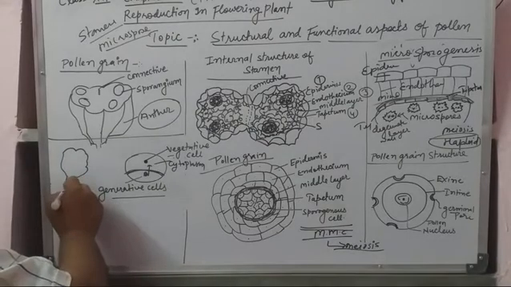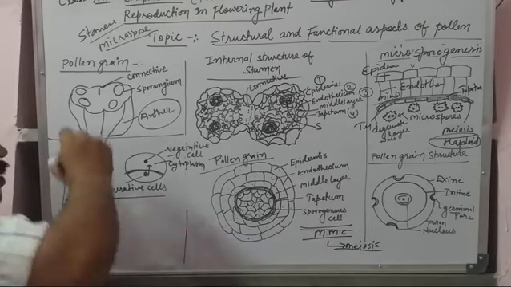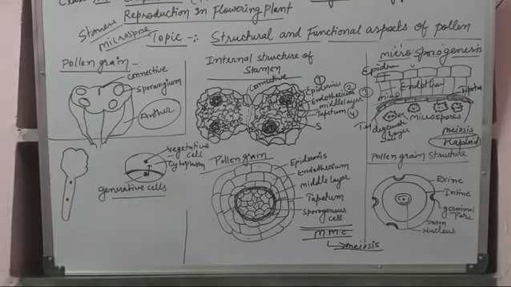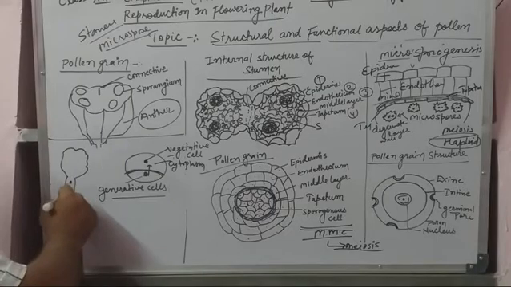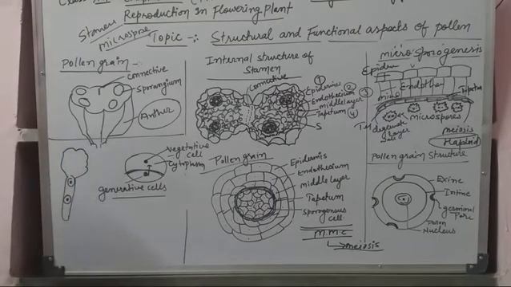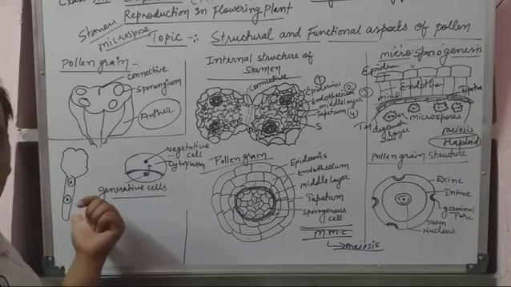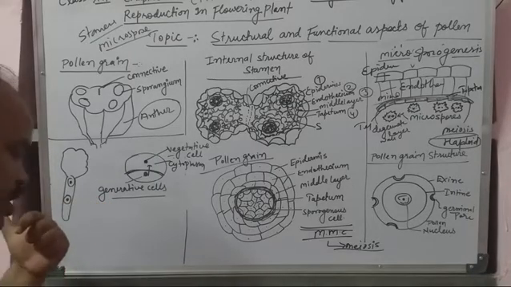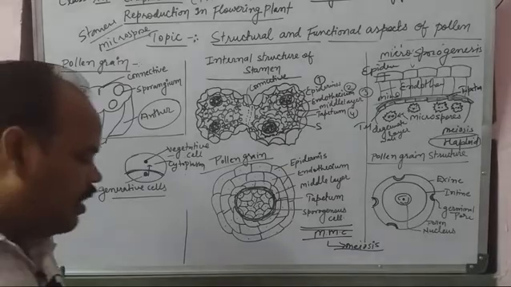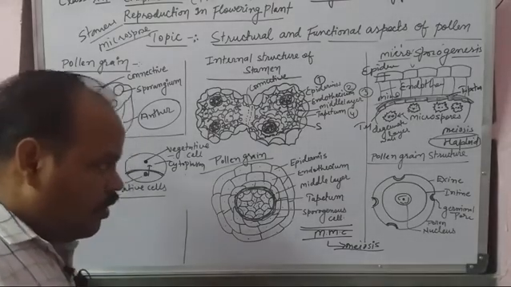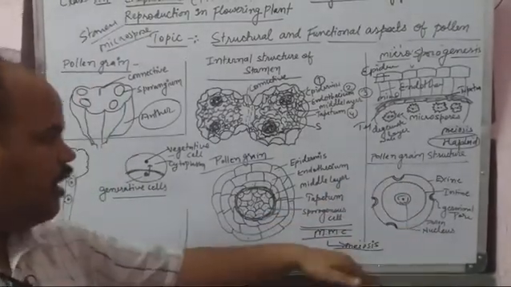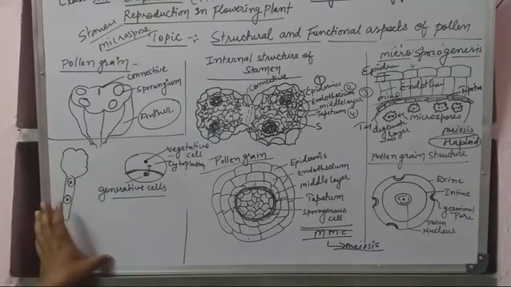The vegetative cell nucleus and the generative cell nucleus are in the pollen tube, and the pollen will be transferred by the pollen tube to the pistil. So that is the process of pollen grain germination.